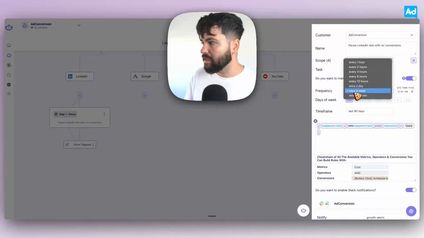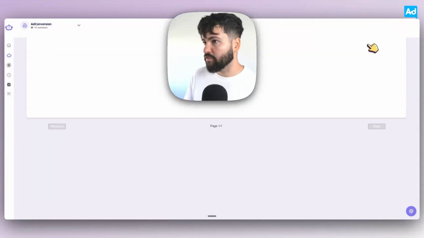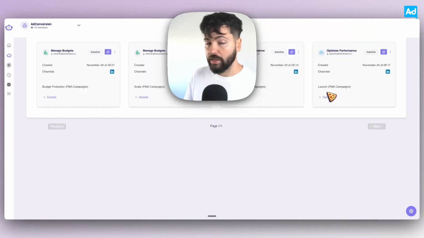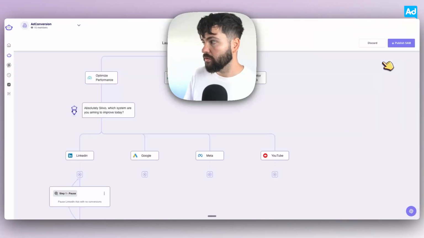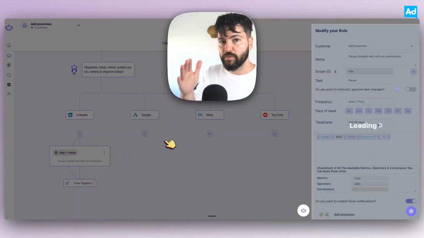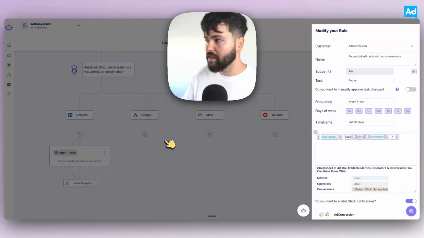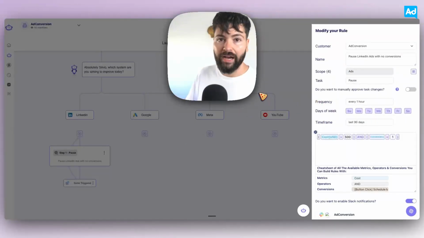So once a week is a pretty nice sweet spot. You could also do once a month, but for the launch campaigns, or the launch SAMs, I would totally recommend that you run it every single hour, because in the launch phase, remember, we're going to pause things that never perform. So we don't want to let that drag on. So for that one, I would leave it at every hour on the frequency.